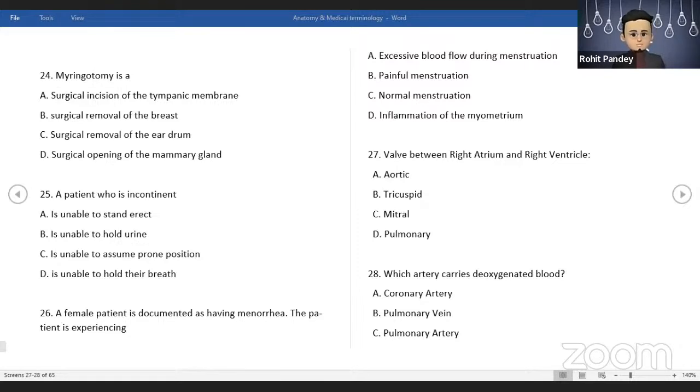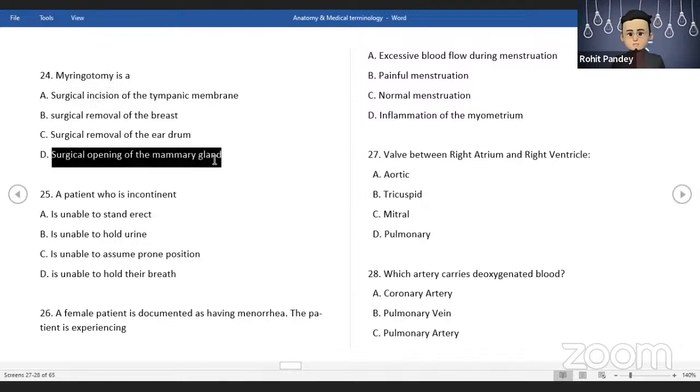Surgical incision into the eardrum to relieve pressure or drain fluid. Okay, that is called myringotomy. It is not stomy. You can get confused about surgical opening of the mammary gland, because it is otomy, not ostomy.